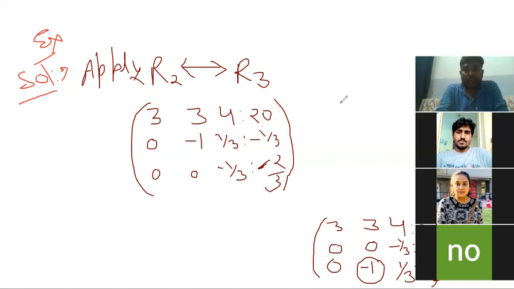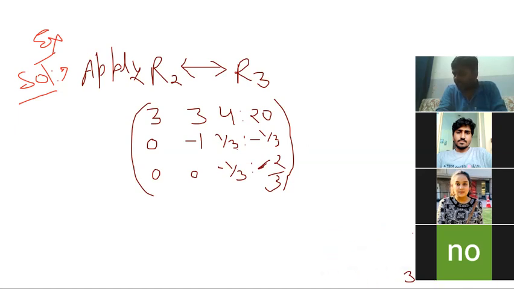How can we find the values of x and y? Just see. The first equation is complete. We can do the multiply sign also, minus sign also. So 3x1, 3x2 plus 4x3 will be 20.